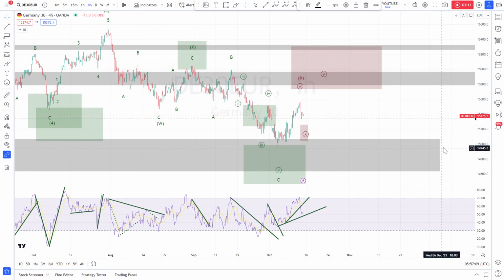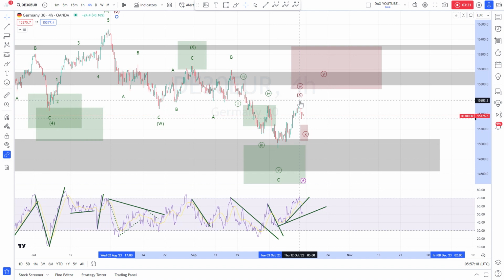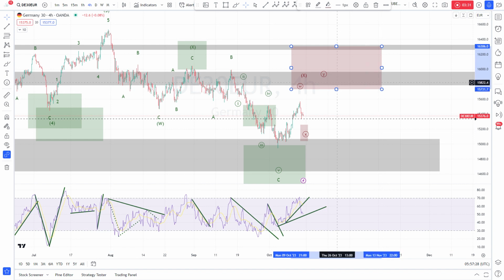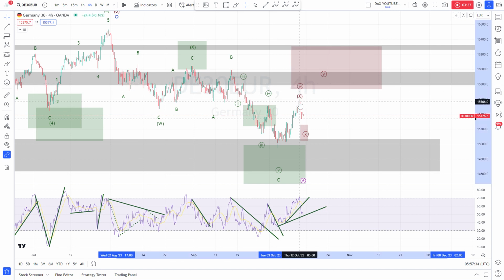So usually, as long as we do not reach this area, I don't like to call for a wave X, because you need some system, of course, and your system consists of rules. In my system, if I do not reach this area, I do not really like to call for the wave X in right here.